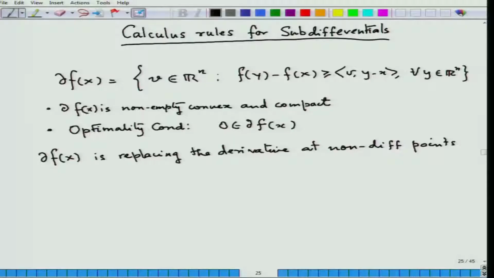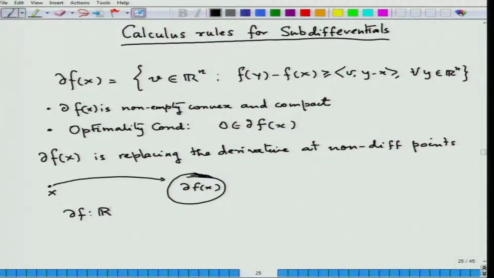Of course, we can give a lot of examples which will come very soon, but it is very important to know at this outset that this mapping, the subdifferential, takes an element x in Rn and puts it into a convex compact set. So, del f symbolically is written as a mapping from Rn to Rn, but it is a special type of mapping.